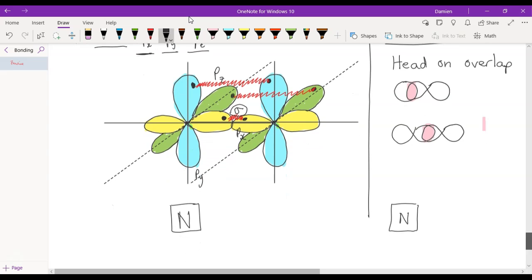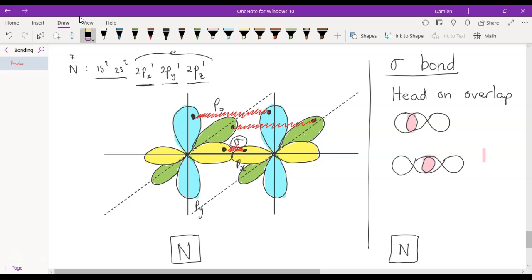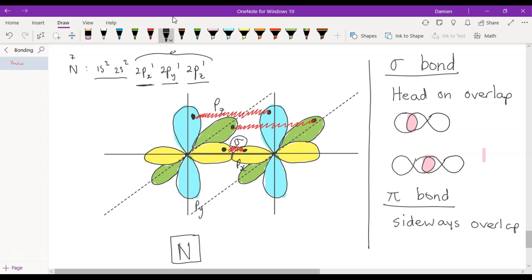The next one that you have is what's called a pi bond. A pi bond, which is the other type of bond you need to know, is a sideways overlap. A sideways overlap looks like this when you have p orbitals crossing over each other.